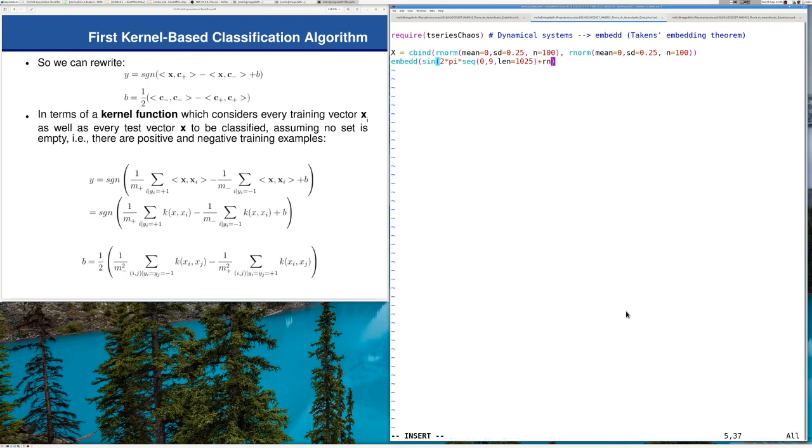In my case, I'm just performing that on my sinusoidal function plus some noise, and you guys will see the noise over here like this, just to come up with a very nice example. Doesn't matter actually, this command is not even necessary in the context we are working on here, but it's going to be way interesting. You're gonna see. So I'm going to bind this in X, okay?